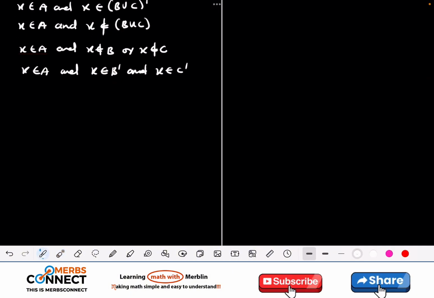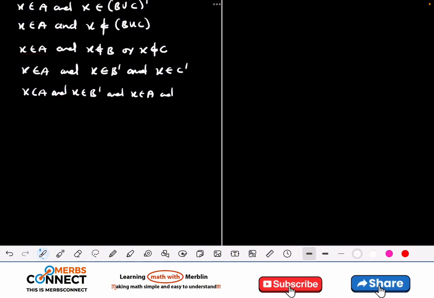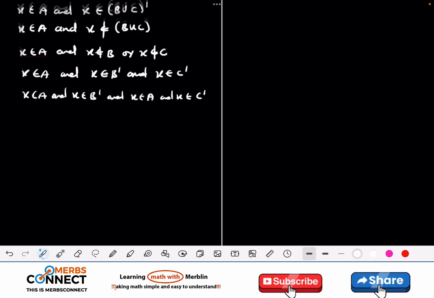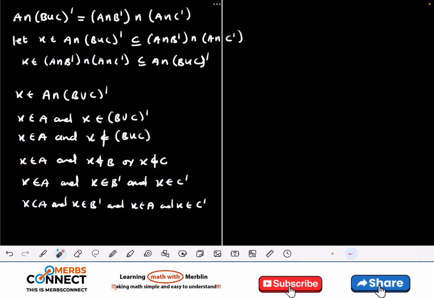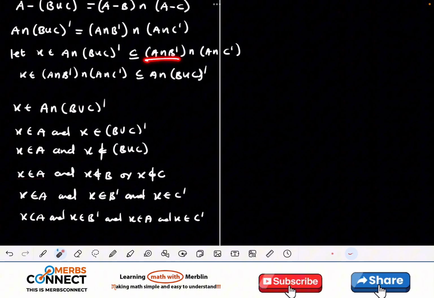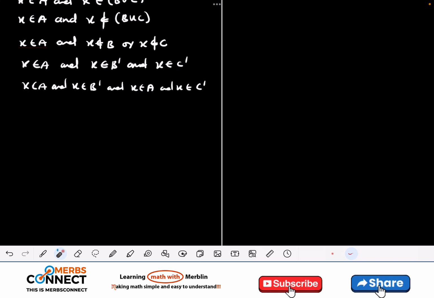So X belongs to A and X belongs to B prime and X belongs to A and X belongs to C prime. Good. And you can see the and, because all of them are going to give us intersection: intersection, intersection, intersection. Good. So now this is in bracket. This is also in bracket. So we make sure we get them into bracket. So A and B prime are in bracket.